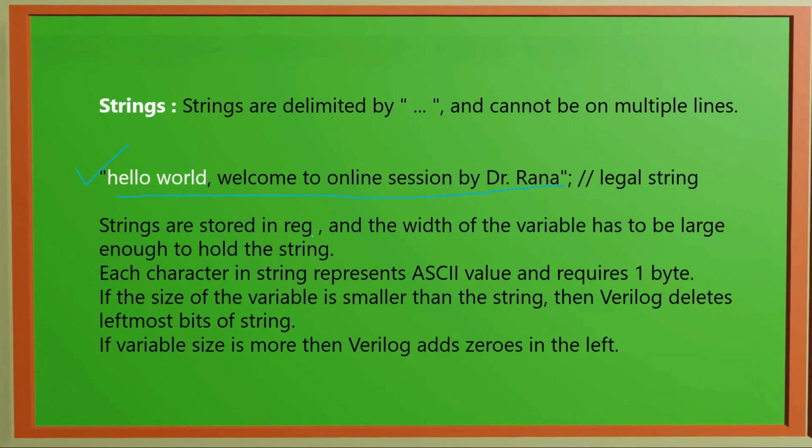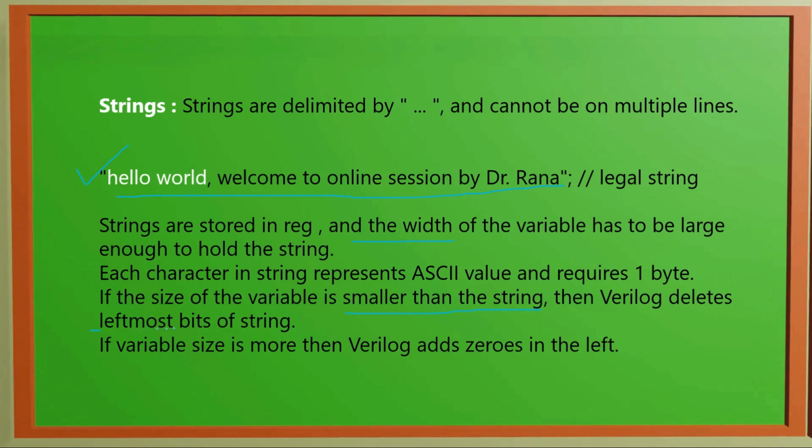They are also stored in the registers. And if the width of our register is smaller than the string, then what will happen? It will not give complete output. If my text is bigger, hello world, welcome to online session by Dr. Rana, and if the length of my register is not sufficient, then what will it do?